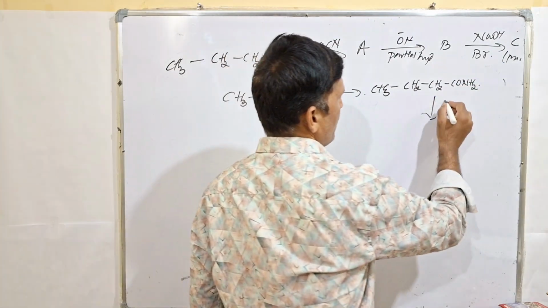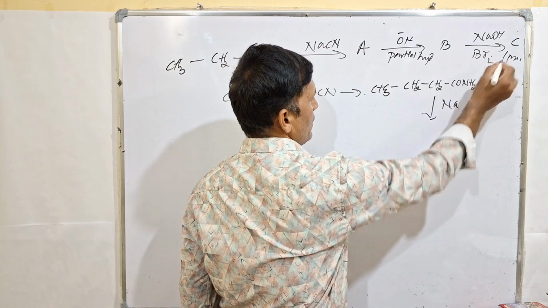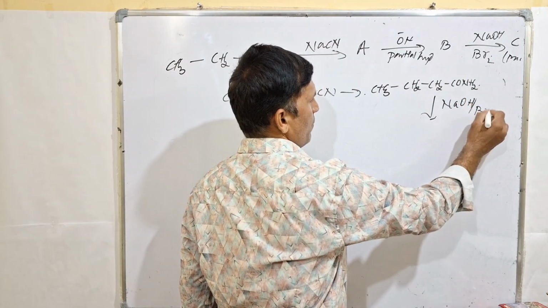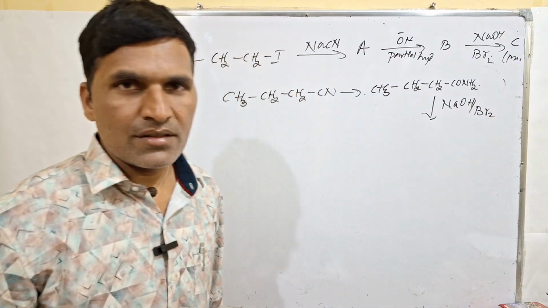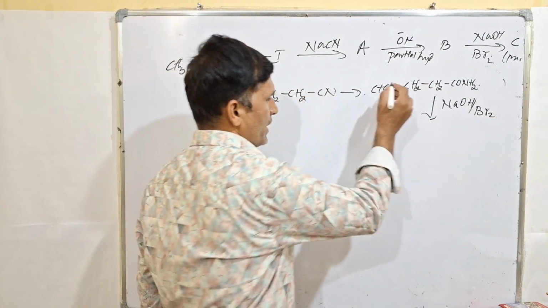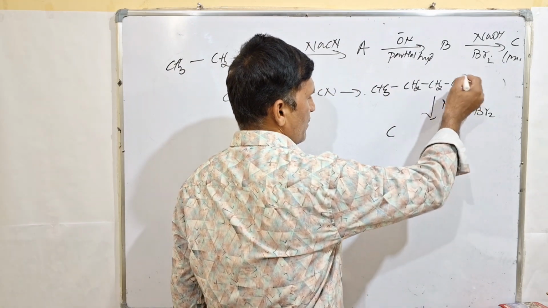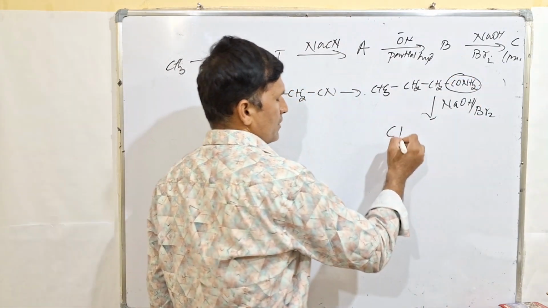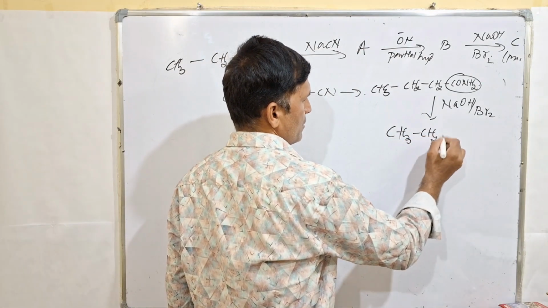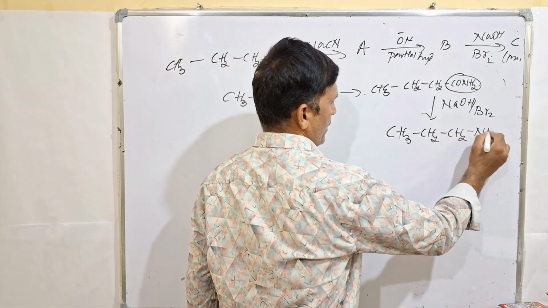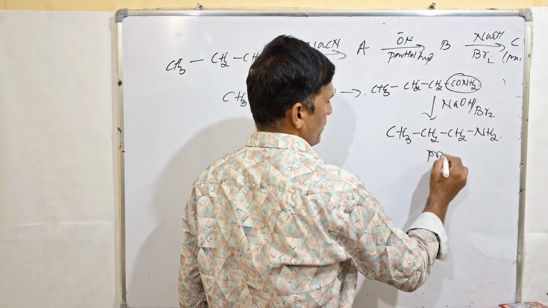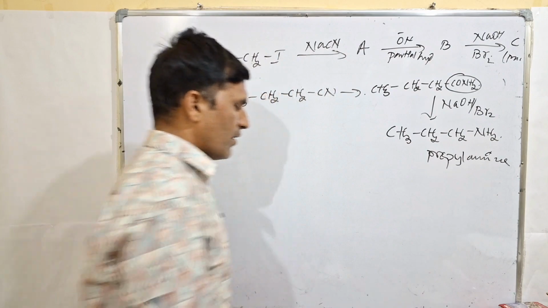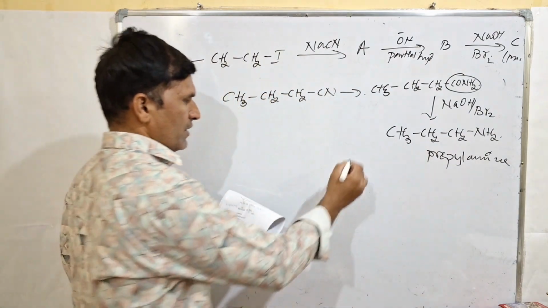And this, when you treat with NaOH and Br2, undergoes Hofmann bromamide degradation, which will always give a product with one carbon less than the parent one. So therefore CH3CH2CH2NH2, propylamine, is your product. And your right option is the third option, as given.